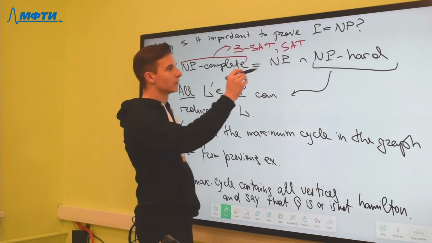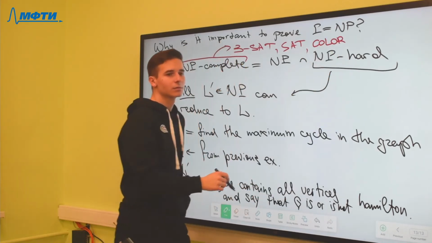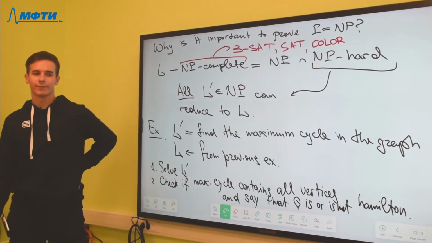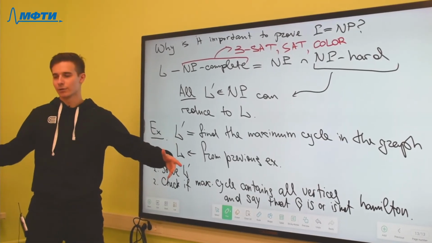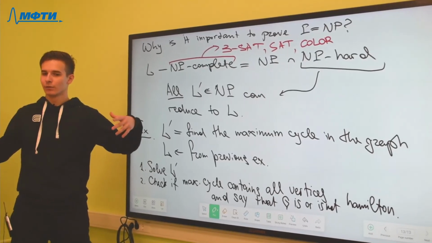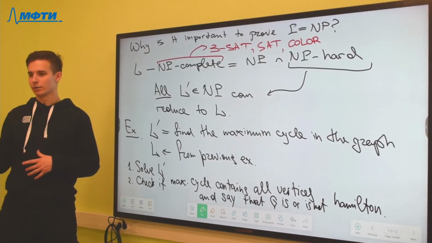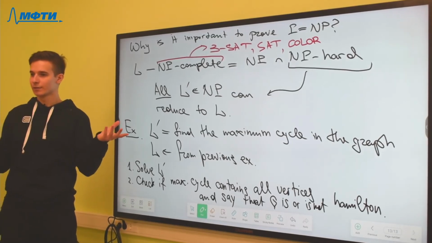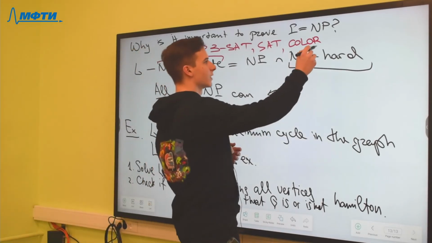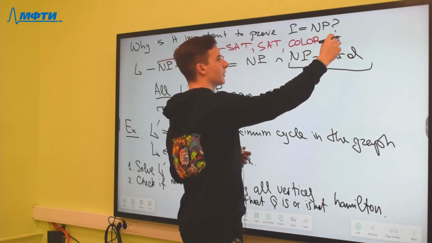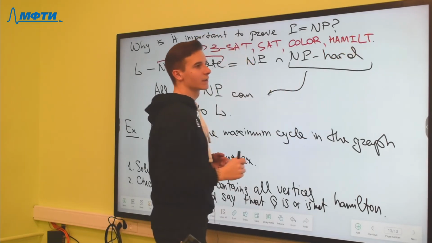Or for example, graph coloring. If you have as inputs a number k and a graph G, and you want to understand if we can color the graph with k colors, it is an NP-complete task too. Or for example, finding combinatorial cycles.